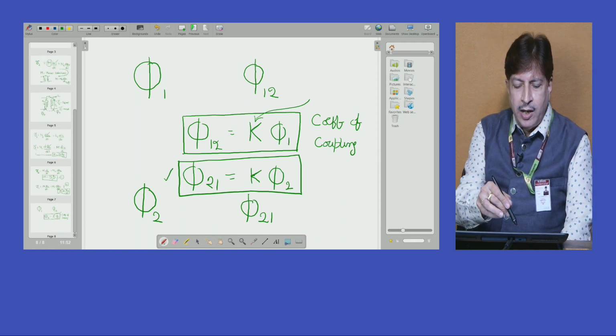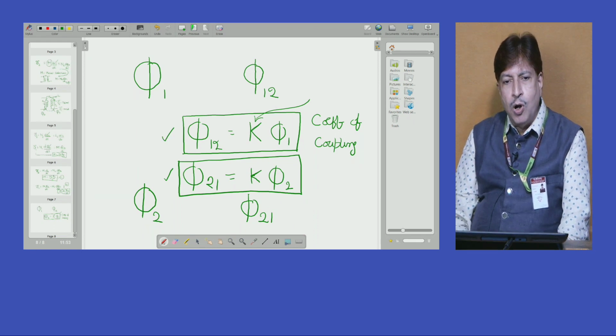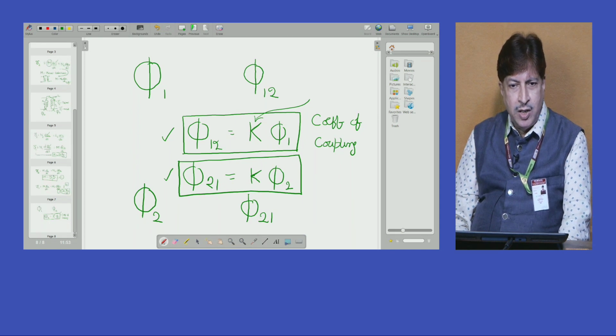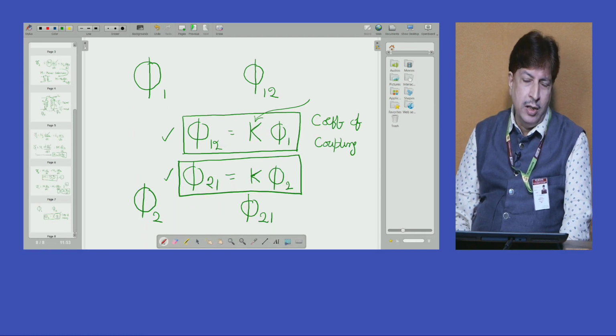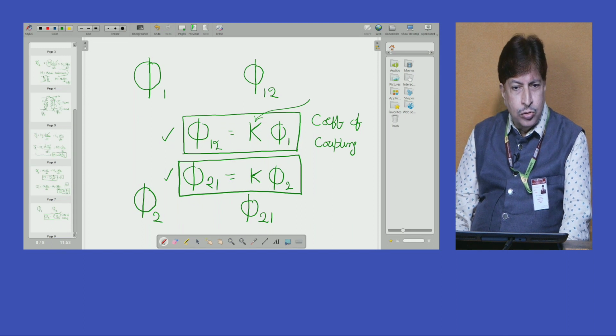This is what coefficient of coupling means. It is the fraction of main flux linking the other coil when current through one of the coils is changed.